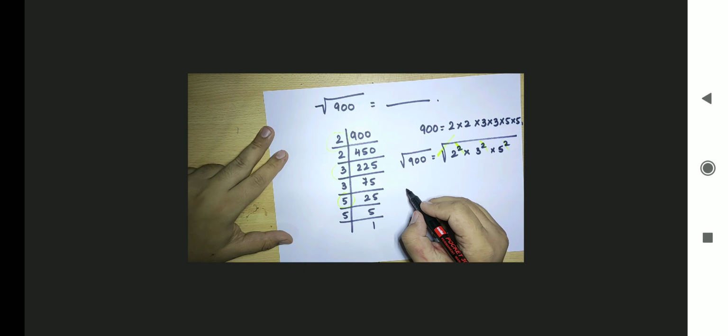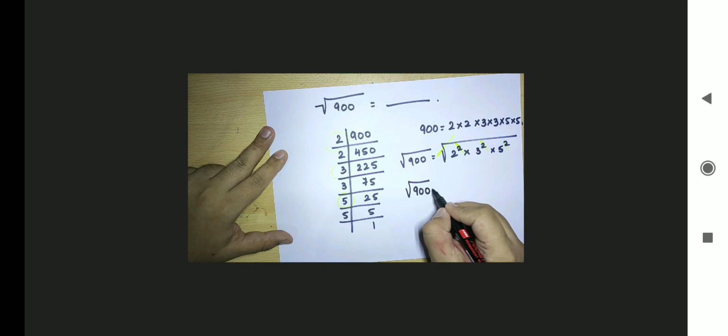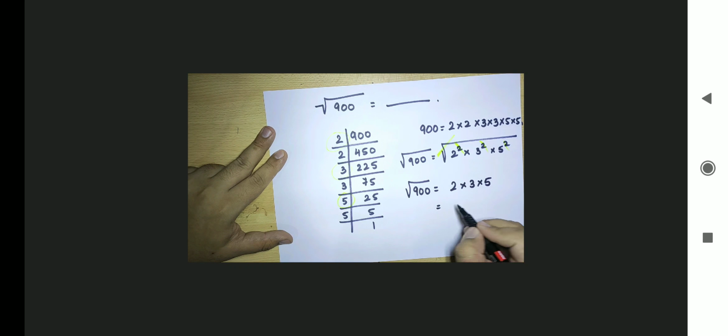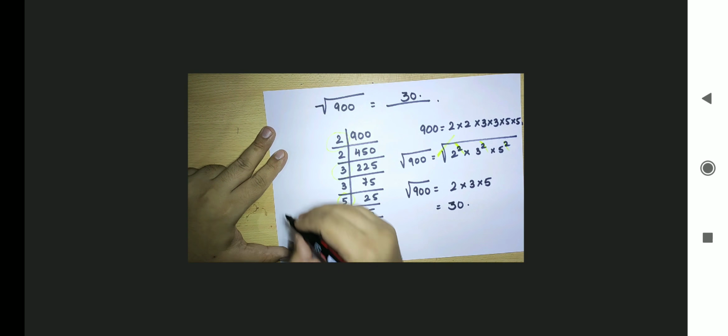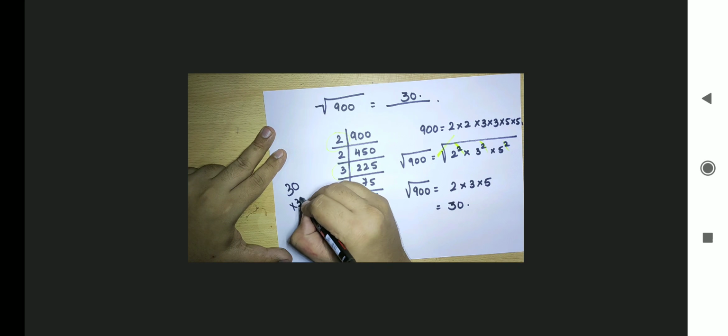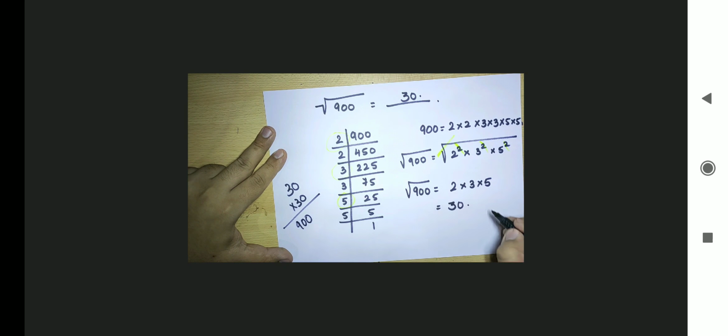So whatever answer we get is 2 threes are 6, 6 fives are 30. So the answer is 30. You can also check: 30 multiplied by 30 is equal to 900, and under root of 900 is equal to 30.